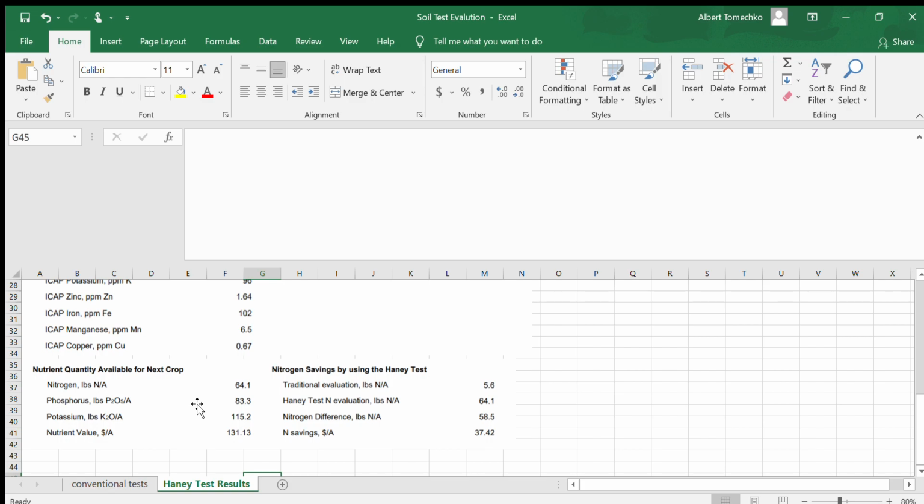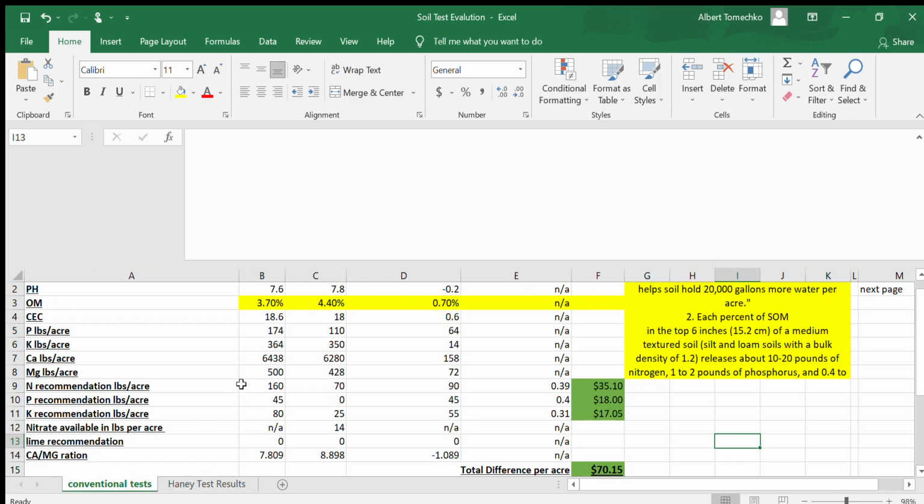Now there is a little bit of judgment here, right? Because we have to understand, is all of this immediately available? What is the efficiency of the particular plants taking it up, etc.? But I will mention that if we go back just quickly, it is significant.